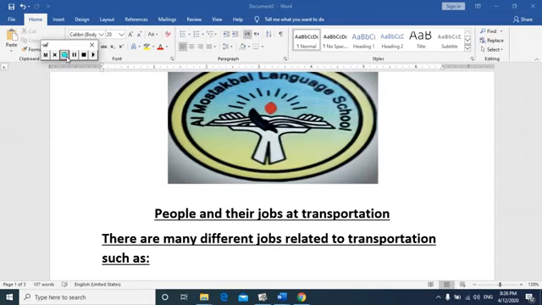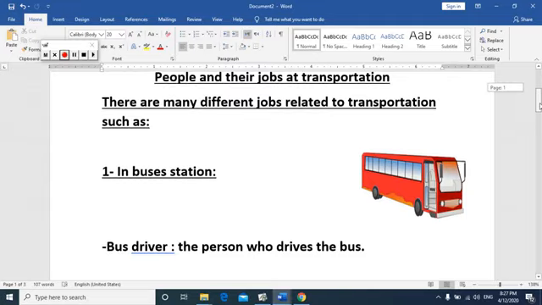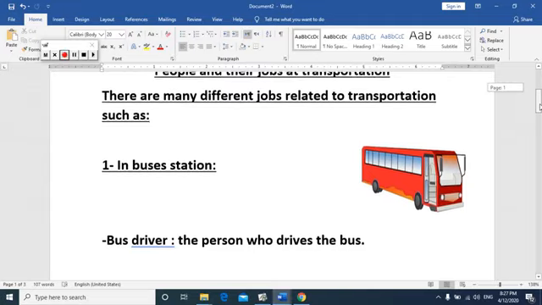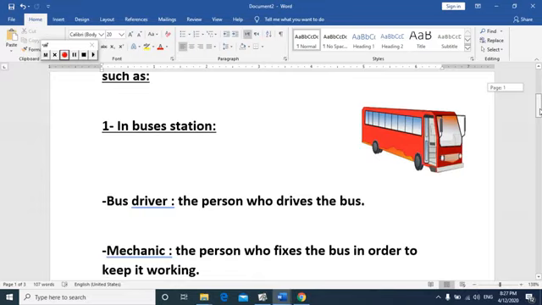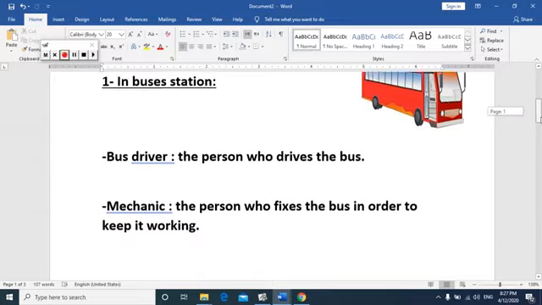There are many different jobs related to transportation, such as number 1, in the bus station, as we see, bus driver, the person who drives the bus, and the mechanic, the person who fixes the bus in order to keep it working.